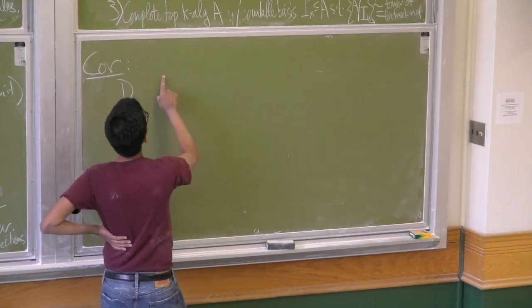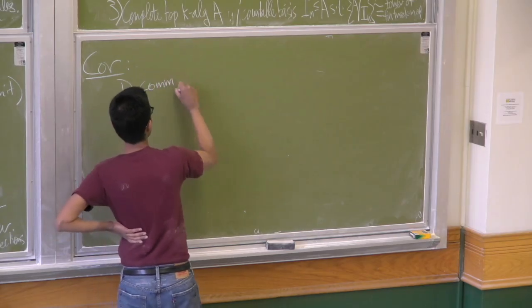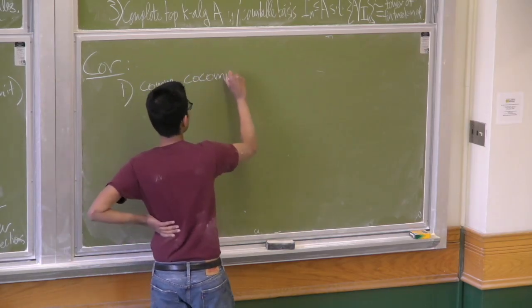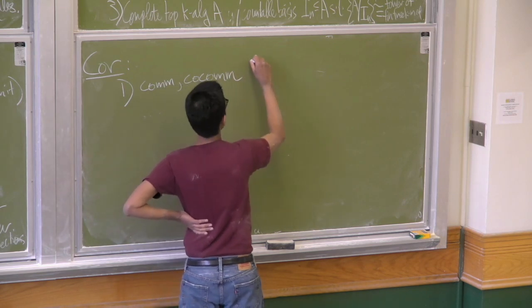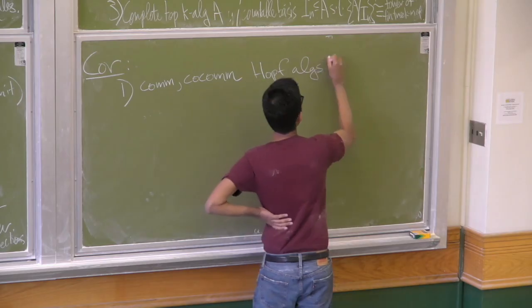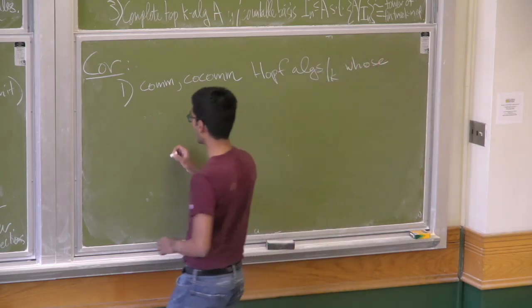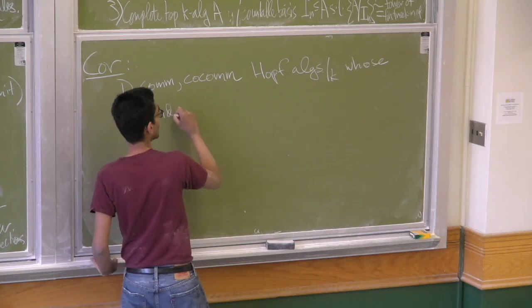commutative, co-commutative Hopf algebras for K whose underlying K-module is countable.